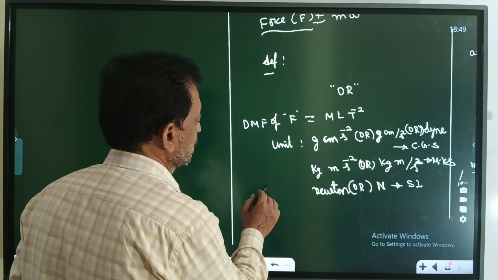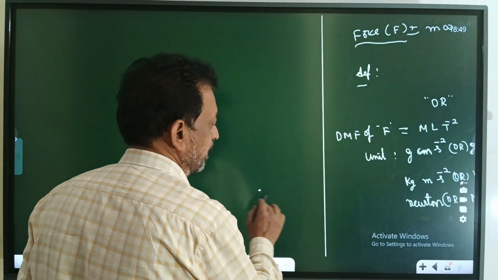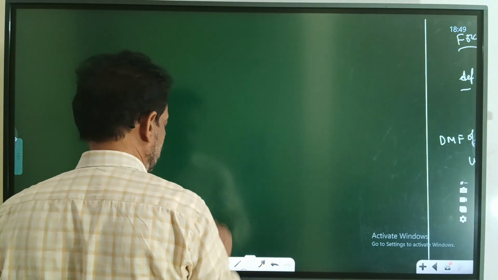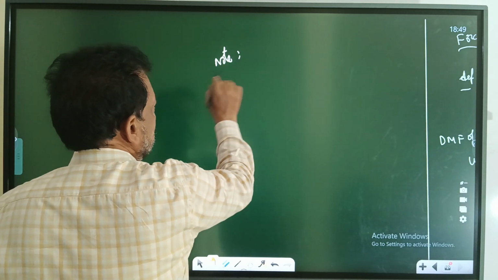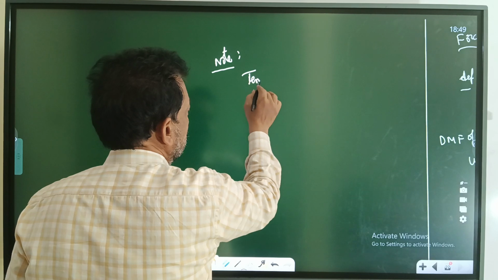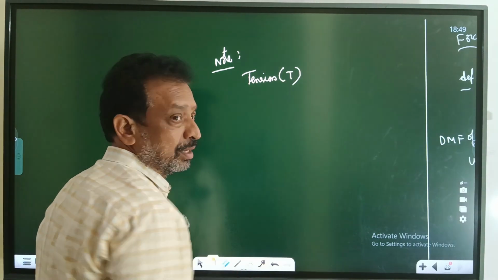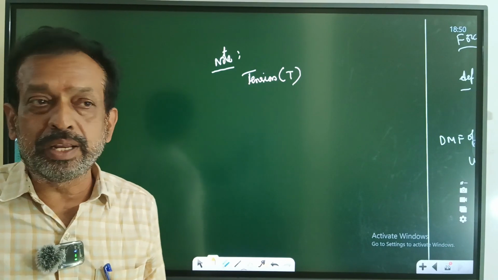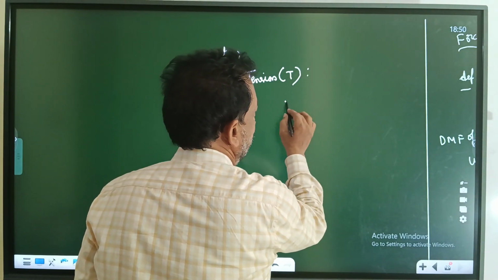Now, daily we are seeing force, but there are other force-like applications. Next note, tension. Tension is also a force. Write tension, symbol T. Where do we have it?